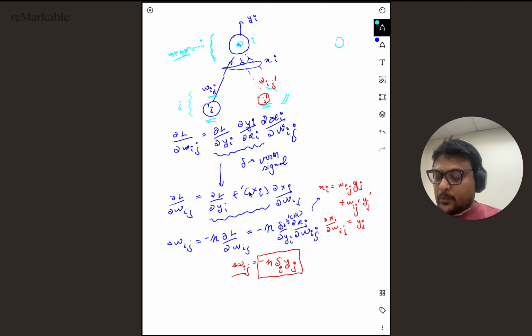Now the key point is that if you fluctuate any of these weights Wij, it will have an impact on the input to the neuron, which is Xi, and that will also govern the output Yi, which in turn will govern what loss your network has.